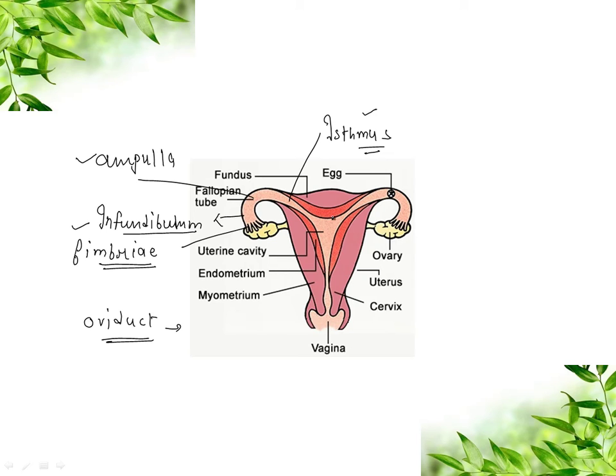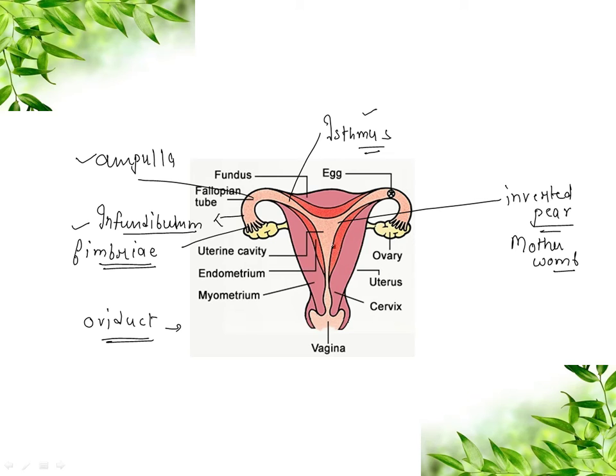Now this uterus is in the form of an inverted pear, also called mother womb. The shape of the uterus is inverted pear, and it is supported by the ligaments attached to the pelvic wall.